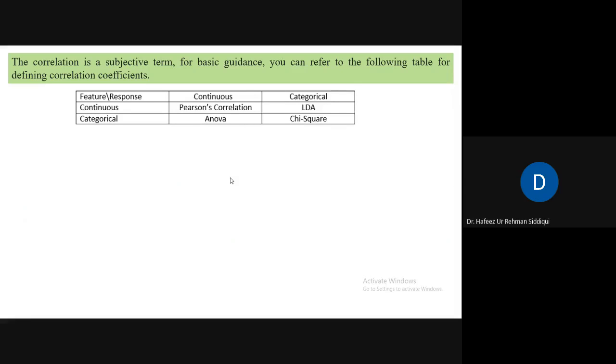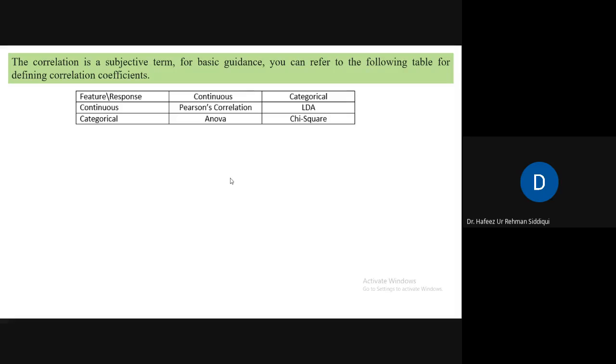The correlation is a subjective term. For basic guidance, you can refer to this table. If your features are continuous and the response is continuous, you can use Pearson correlation. If your features are continuous while the response is categorical, meaning prediction is categorical, categorical meaning discrete, then you can use LDA.